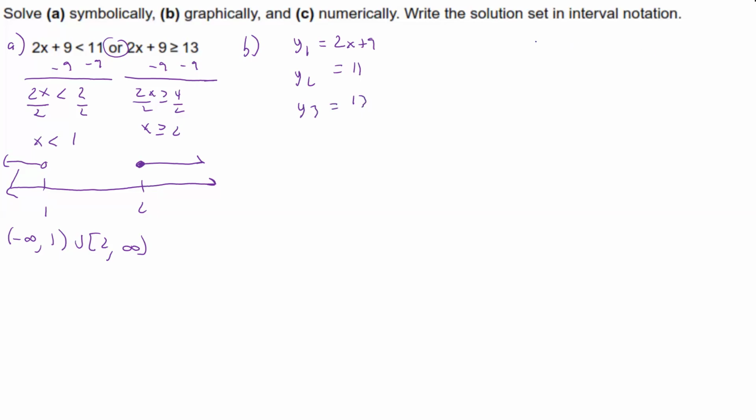Okay, so now let's try to graph this one. And I think everything's way up there, so we'll start at 0. And so we'll have 2, 4, 6, 8, 10, 12, 14. And then 11, so 2, 4, 6, 8, 10, 11.